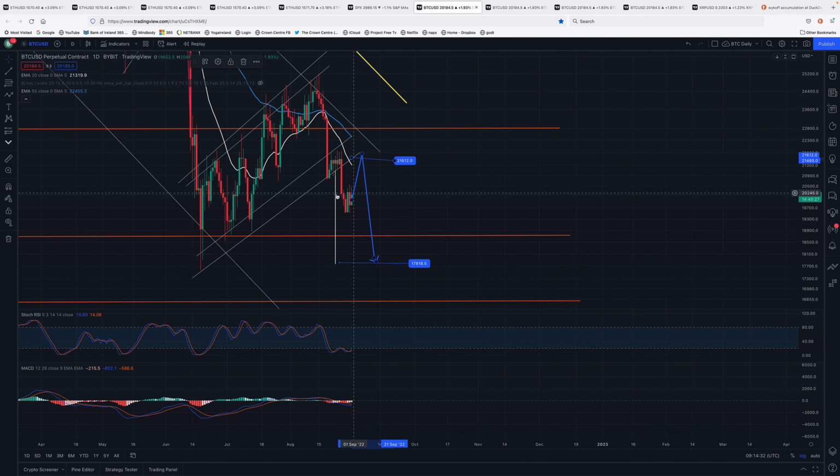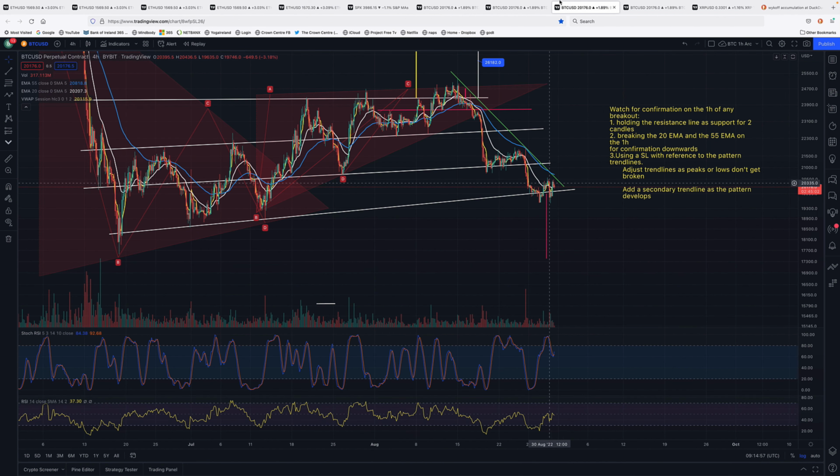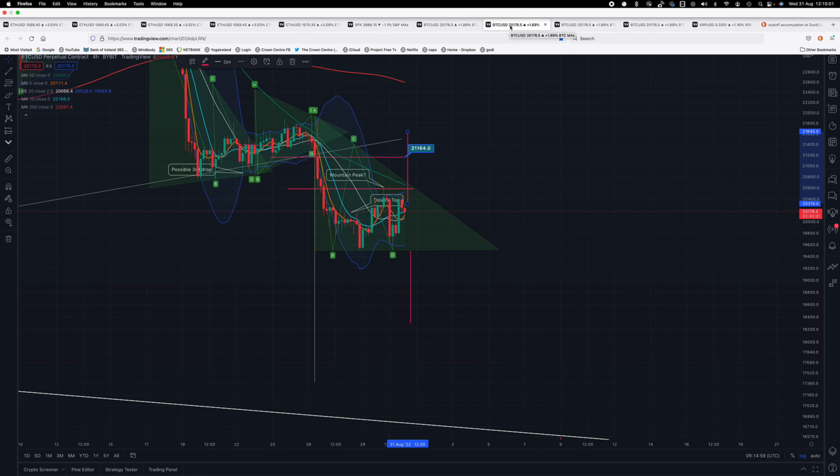It is still outside of the daily channel, but the backtest to 22.4 here of the 55 and this channel would totally suit the progress of this breakout. So we can still have this lift, a backtest of this daily channel, and then come down for a double bottom. There would be nothing wrong with that happening.